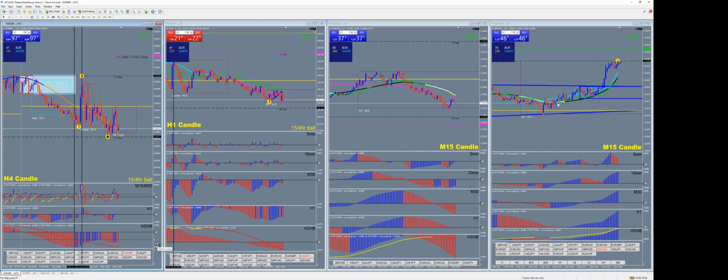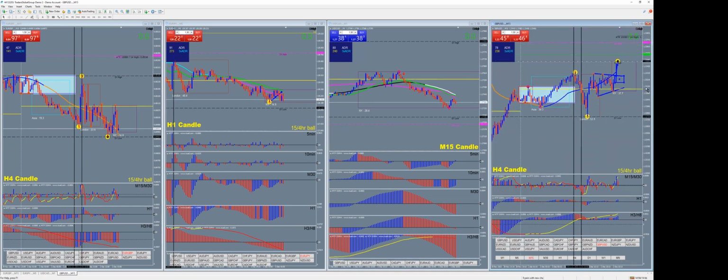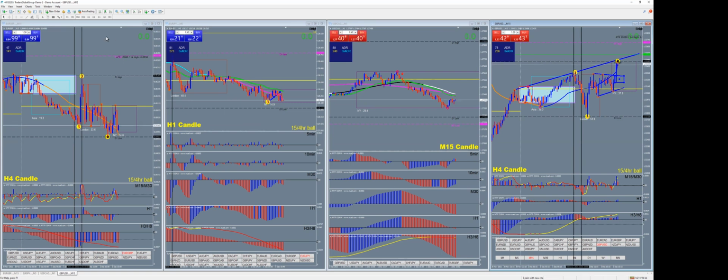But the 5 minute hasn't changed yet. Just drawing a rectangle on the 1 minute. You can see the breakout. It's a thing of beauty.